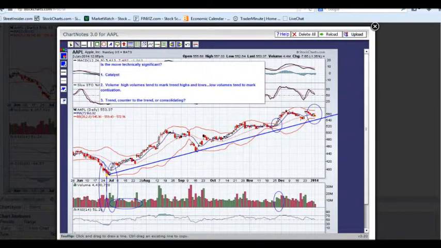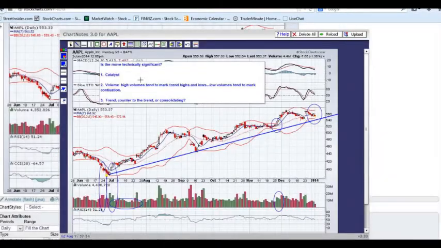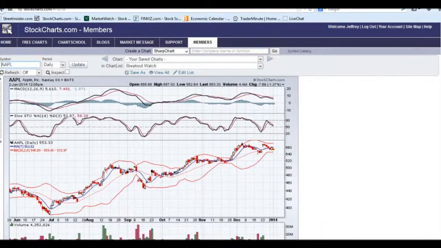So these are the three things: catalyst, volume, and whether the stock's moving in its trend, counter to the trend, or consolidating. Many times, you will see a stock that is upward trending. Let's go take a look at Nucor.